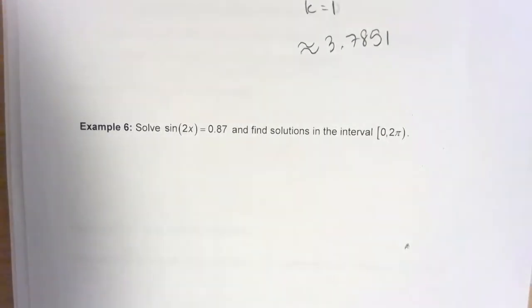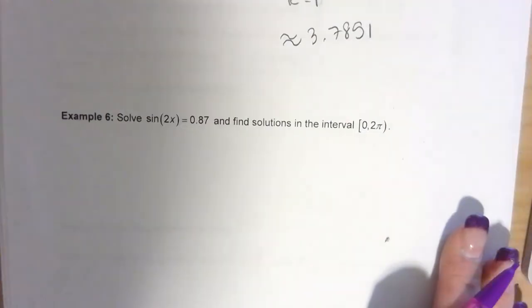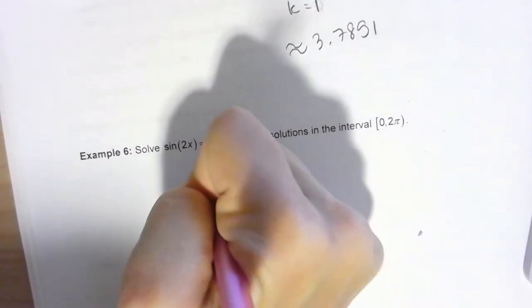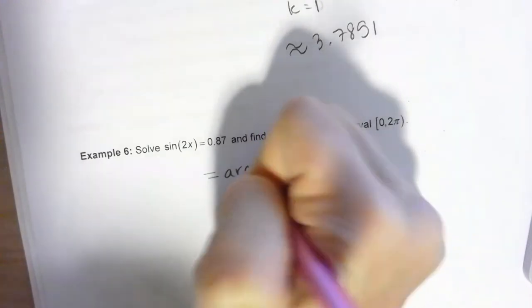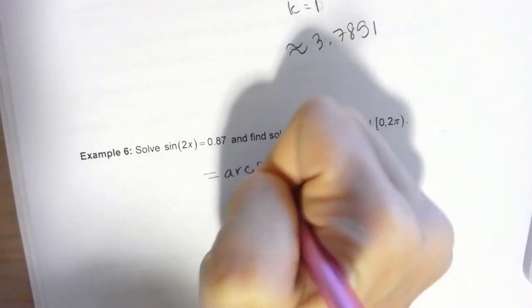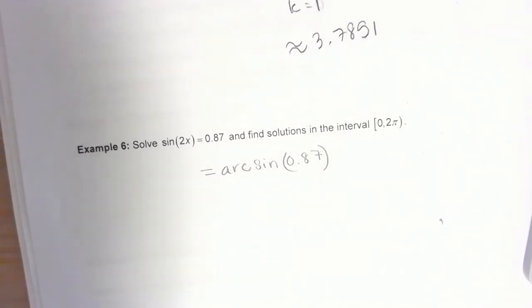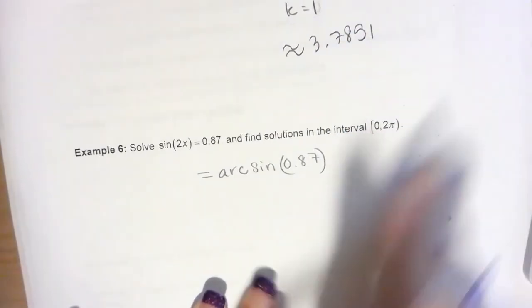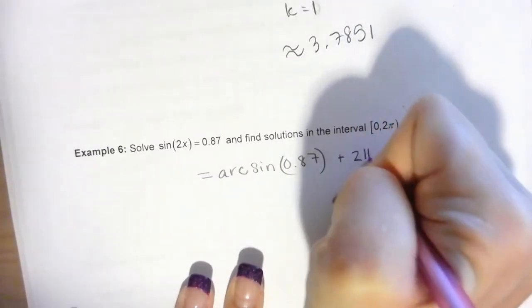All right, one more. So here we get sine of 2x equals 0.87. We're going to use our arc sine again to solve, because specifically we do not know this value. So arc sine of 0.87. And we learned that in the last section, when we do arc sine, we actually have 2 values we need to look at. We need to look at this equals 2 pi k.